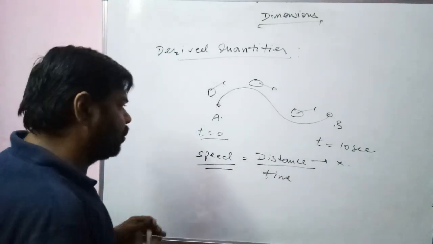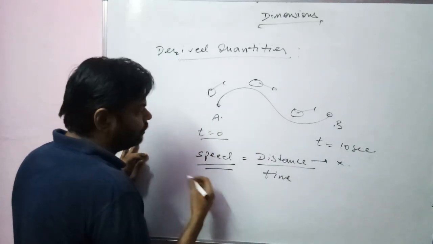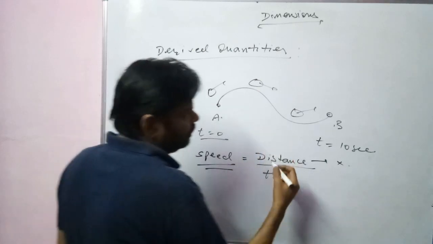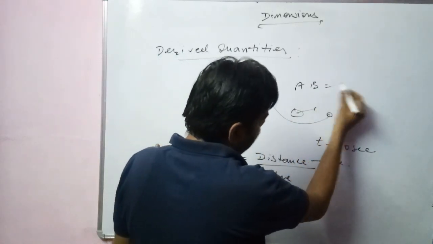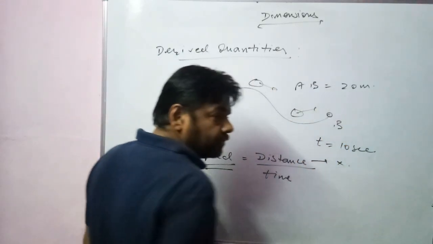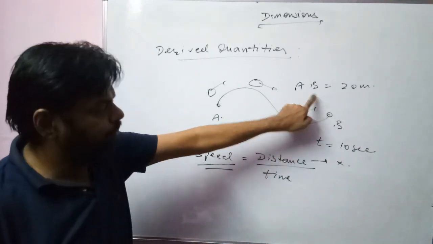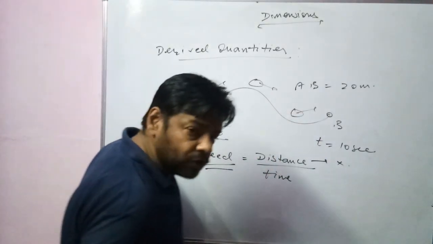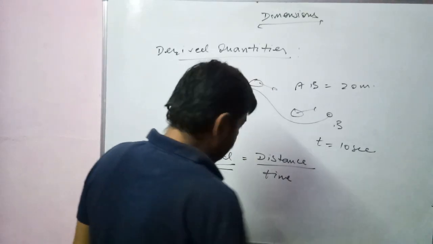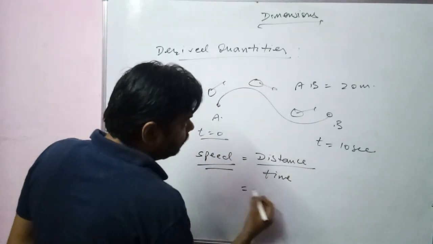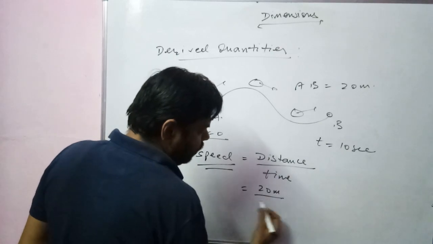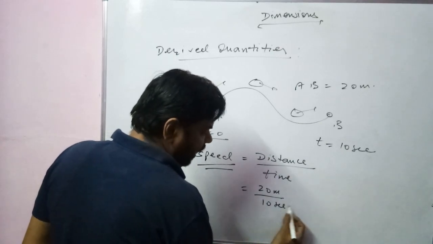Now let us do one more thing. Suppose this is the distance AB equal to say 20 meters. If the distance covered by the body is provided to you, then we can calculate the speed of the body. The speed will be equal to 20 meters divided by time. Time is 10 seconds.